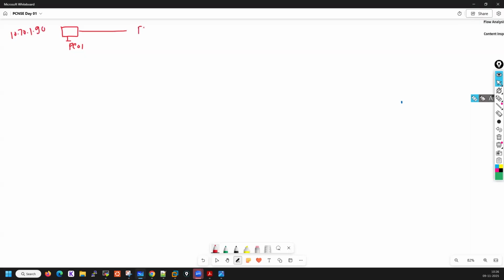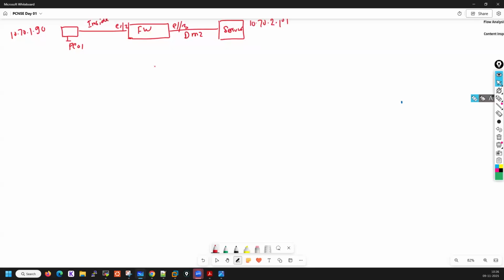I have a Palo Alto Firewall here. This is Ethernet 1/2. This is Ethernet 1/3. And here I have a server, 10.2.1.101. This is the server. This is inside, and this is DMZ.